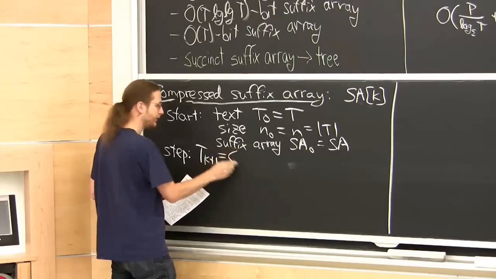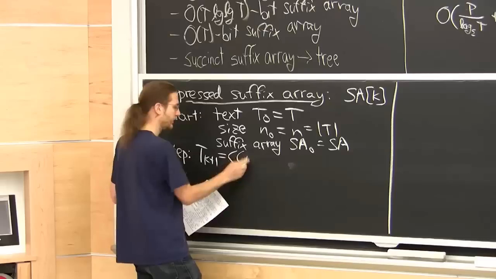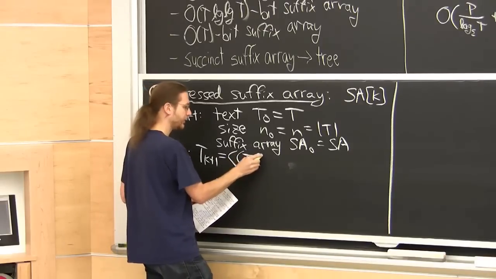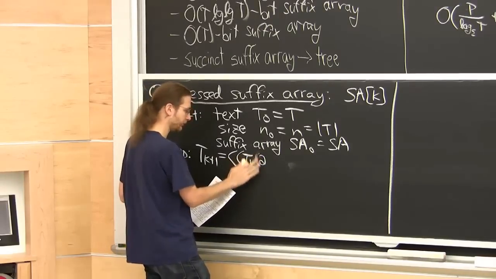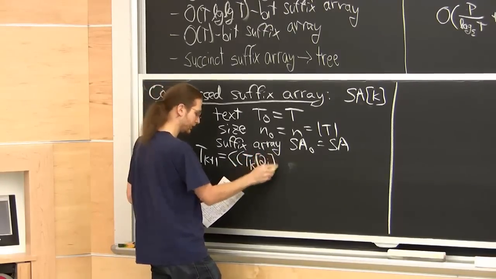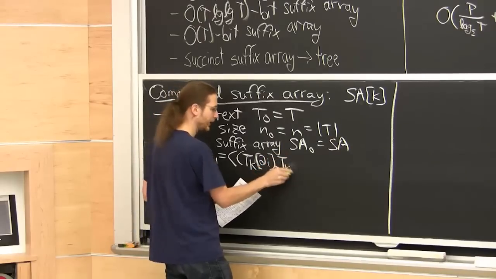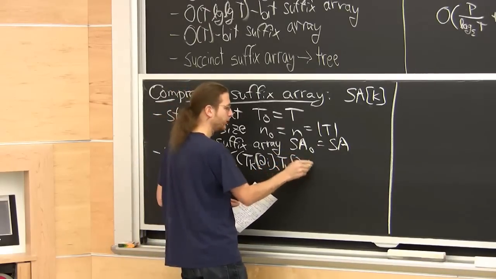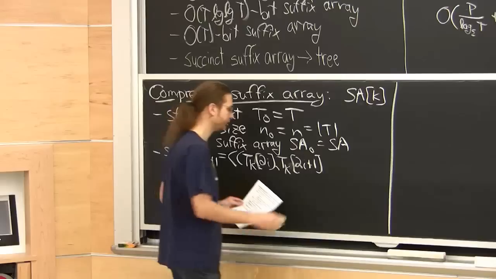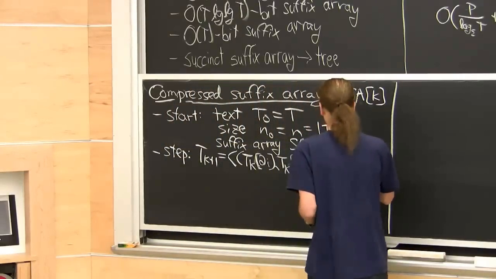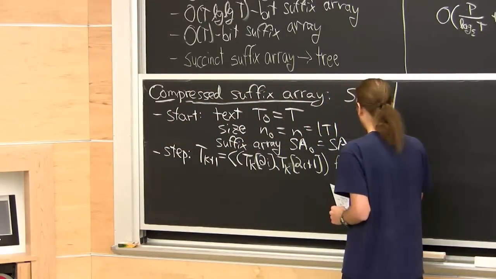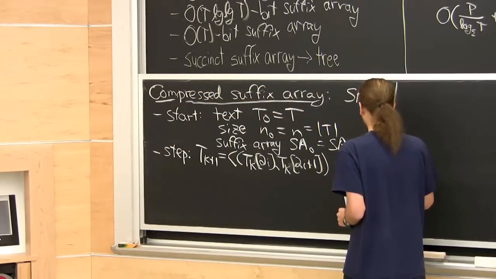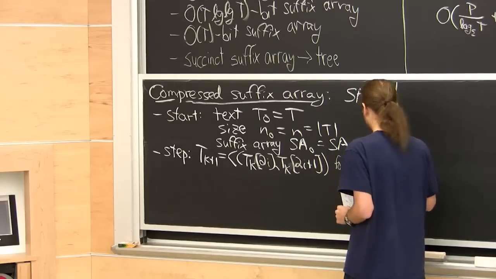It's going to be the next level, which is we combine 2 letters, T_k[2i], T_k[2i+1], combine 2 adjacent letters into 1 letter, and we do that for i equals 0, 1, up to n over 2.